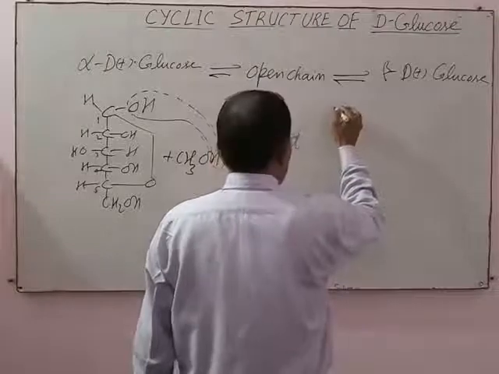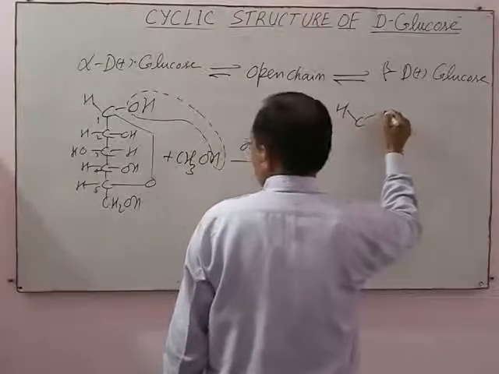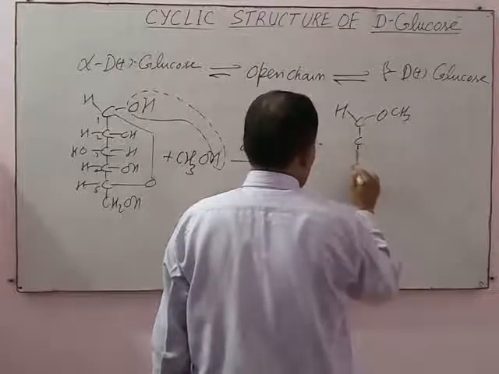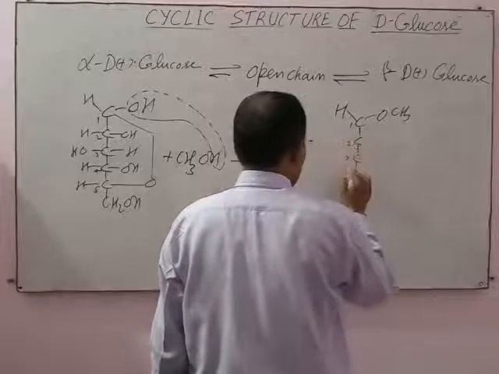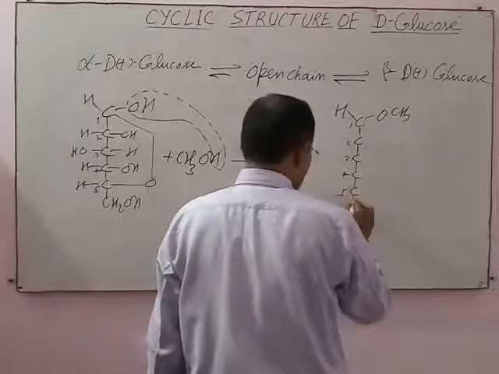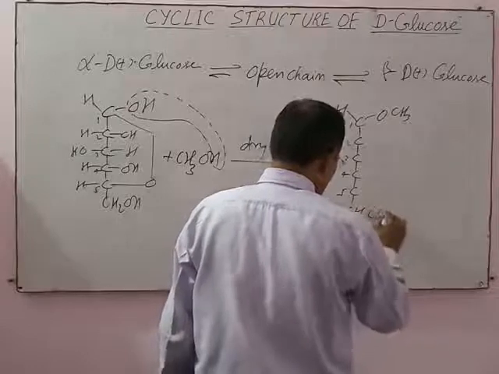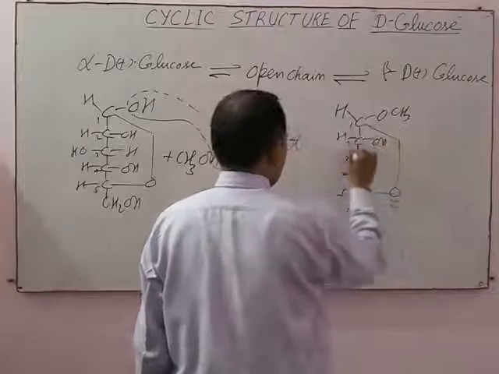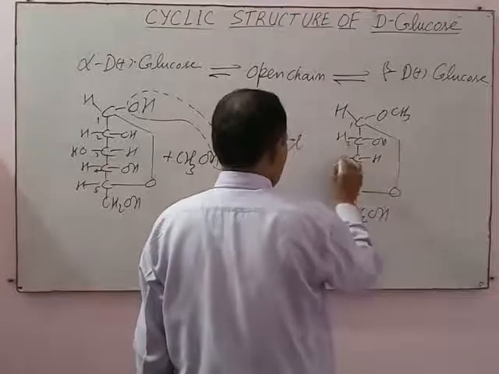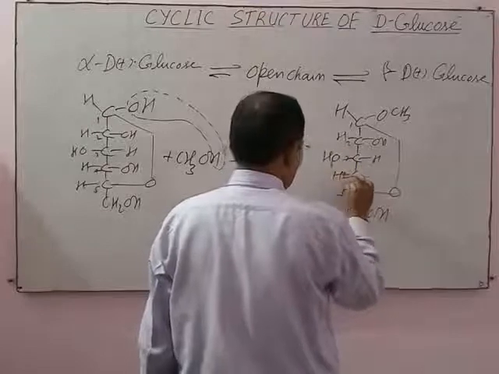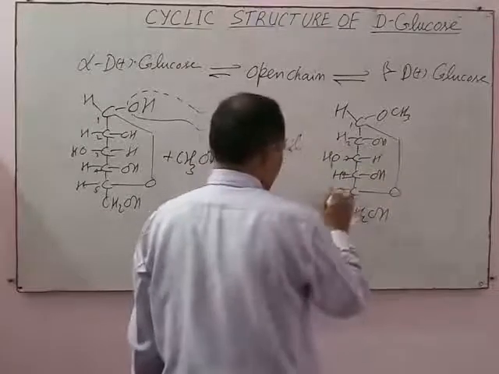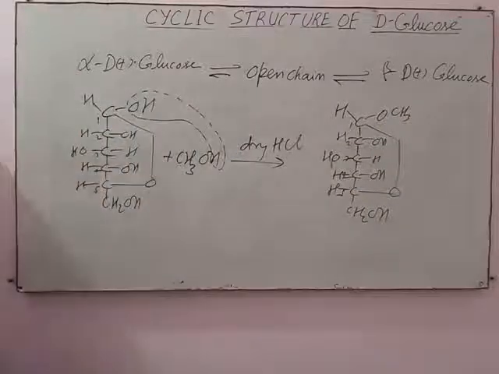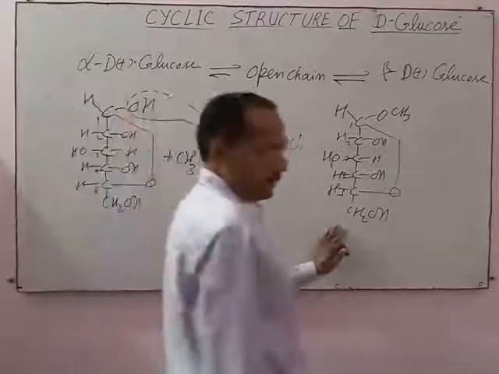Means H, OCH3, carbons 1, 2, 3, 4, 5 and 6, with OH, H, H, OH, H, OH and H. This is called alpha D glucoside.